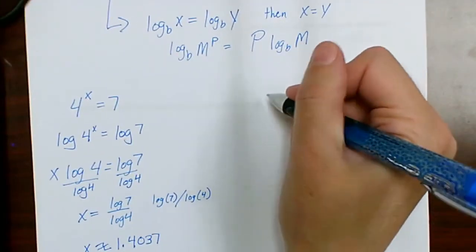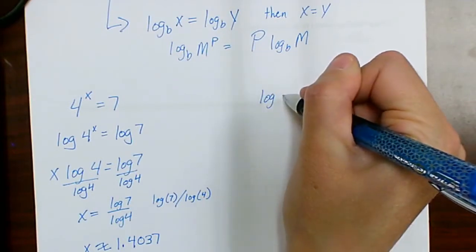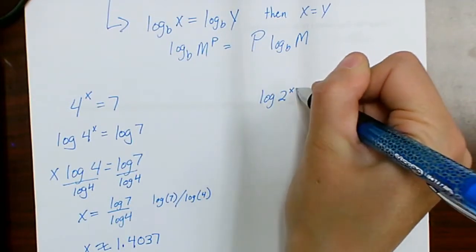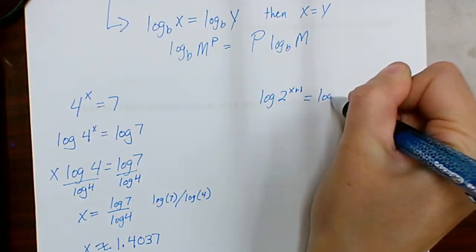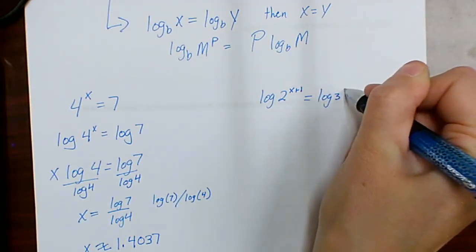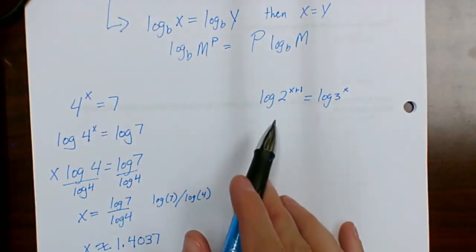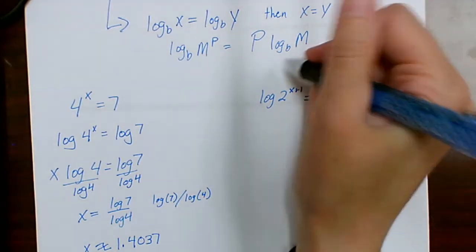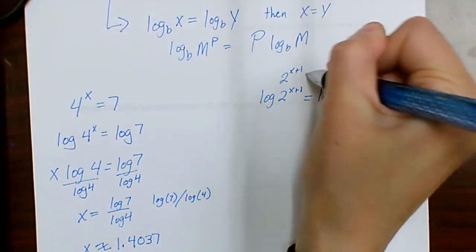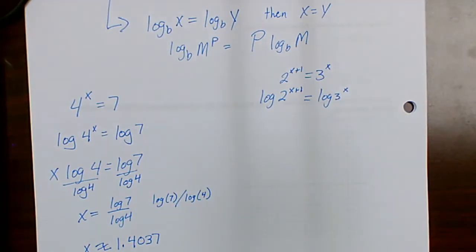Okay, and then we have 2 to the x plus 1 equals 3 to the x power. Either way, you log both sides because you want to take x's off their high horse.